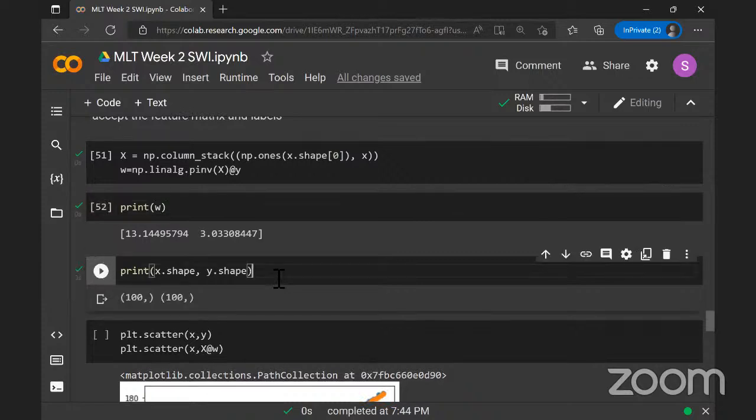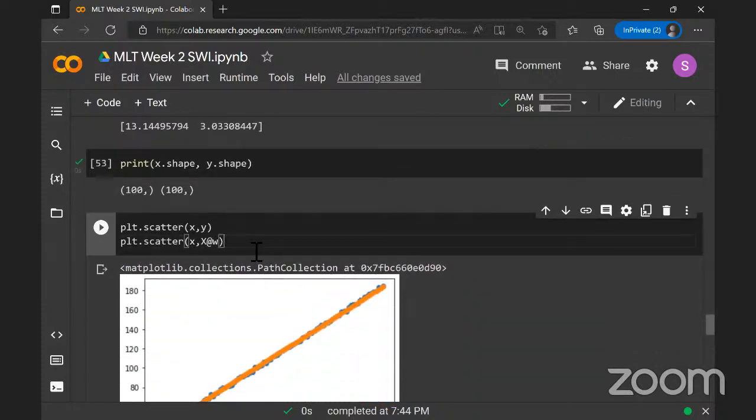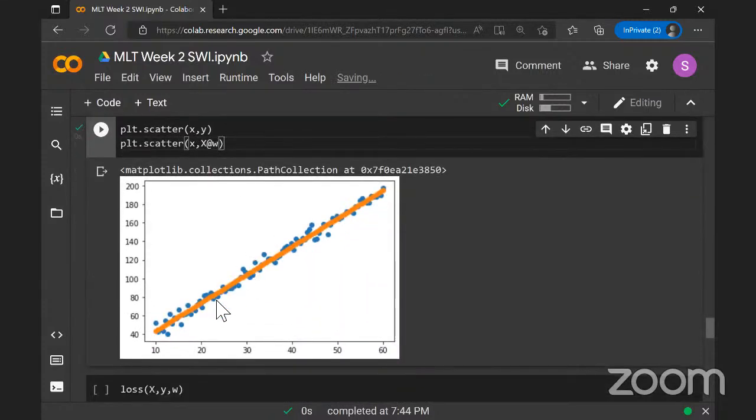Let's print the shape of X and Y. Now let's plot the data points, which are represented by the blue points, and our model, which is represented by the orange line. Now you can see that our orange line is doing a very good job of making the predictions.